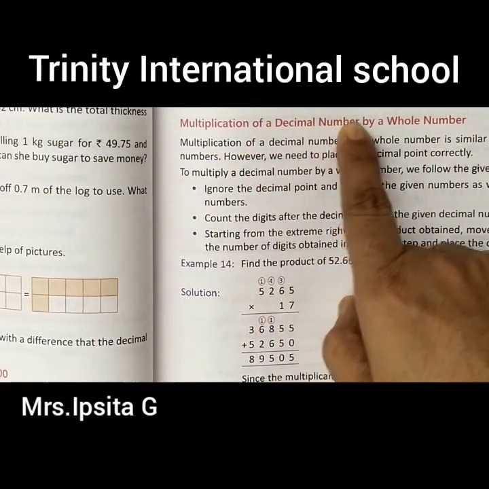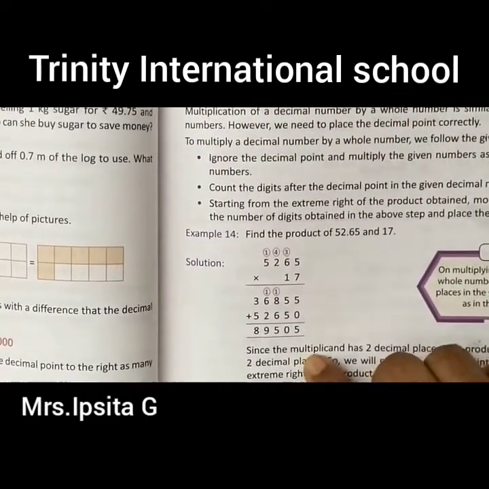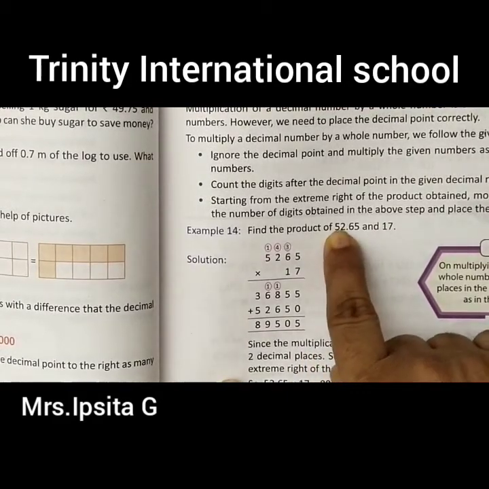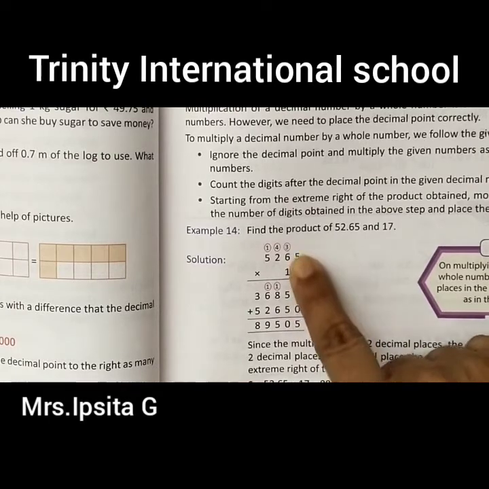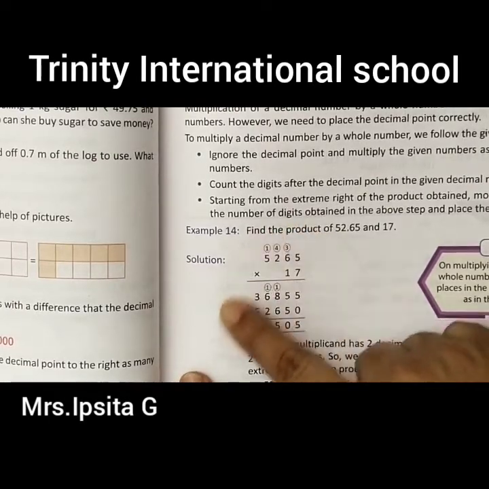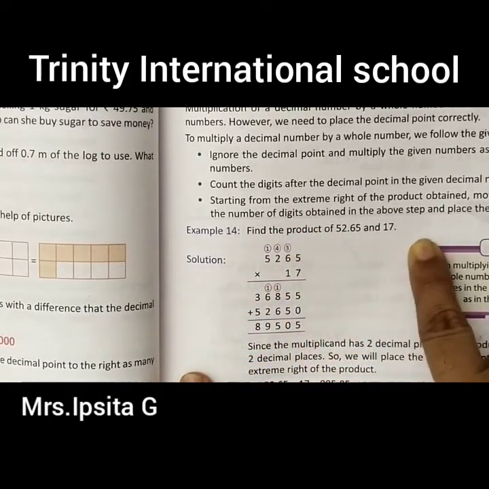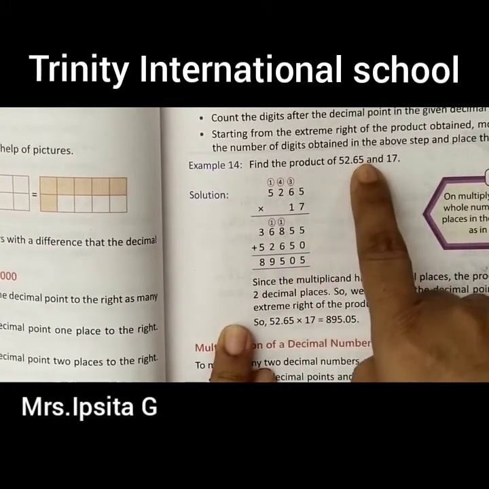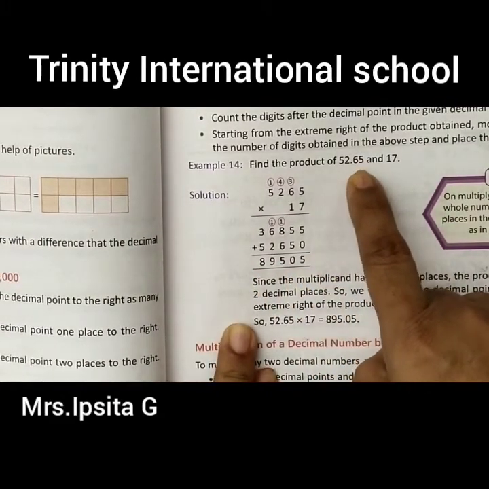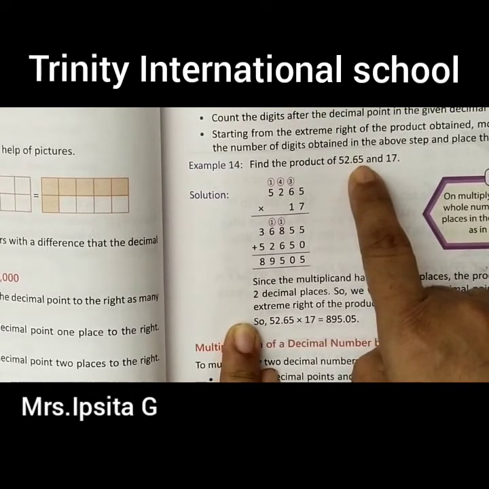Okay, now similarly we have other multiplication of a decimal number by a whole number. So you can see here one decimal number and this is whole number. Again see what they did, the regular multiplication, जो हमारा regular multiplication है वही हमें करना है ना। और उसके बाद हमें यहाँ पर देखना है कि after decimal how many digits are there, after decimal there are 2 digits.